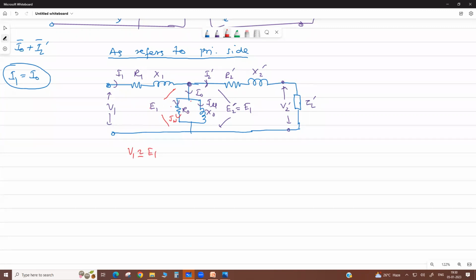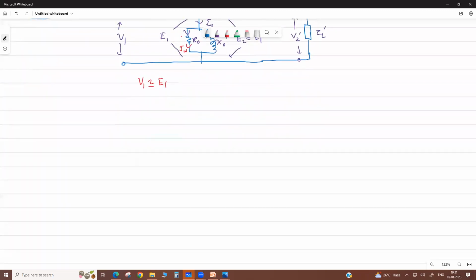So if we shift this branch here, there is no major change, meaning less effect on the parameters. So now the actual equivalent circuit is made approximate: we shift the magnetizing branch to the supply end. Then just the core loss changes, because the voltage is different.